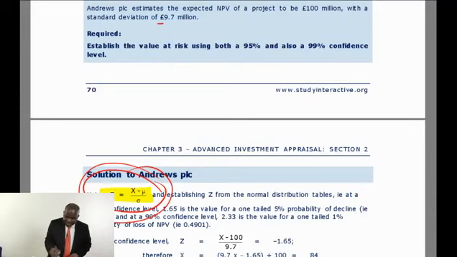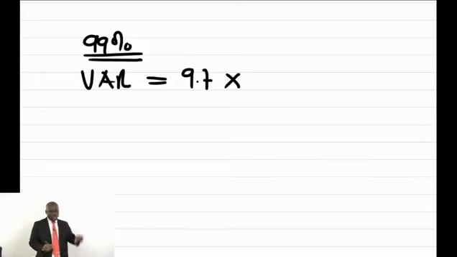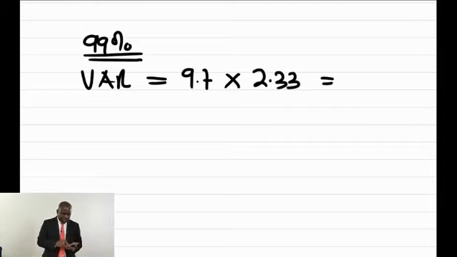The standard deviation is 9.7. So 9.7 multiplied by the tail value of 99, which is 2.33. When you multiply 9.7 times 2.33, it is simply 23 approximately.